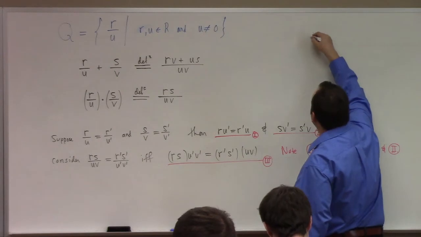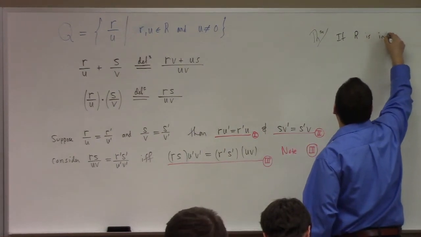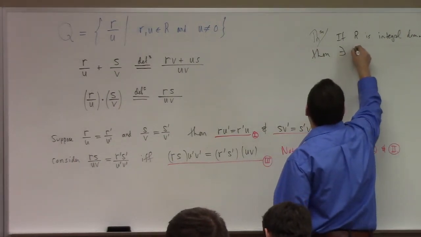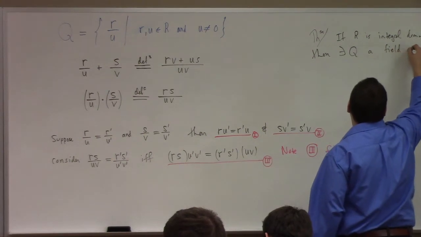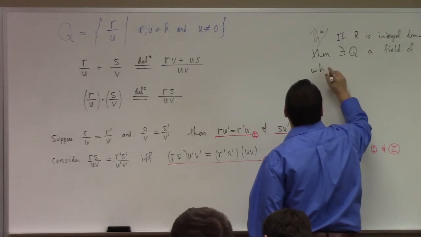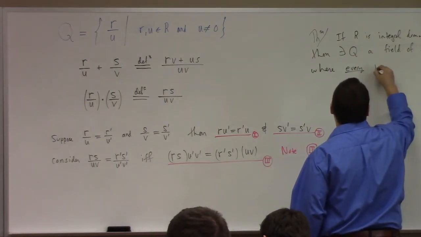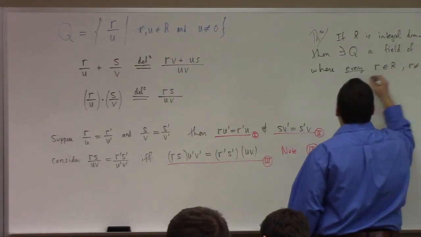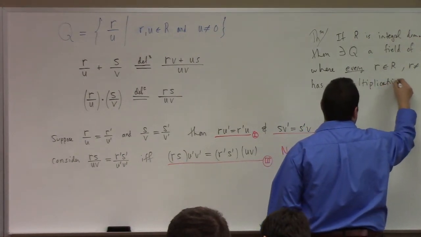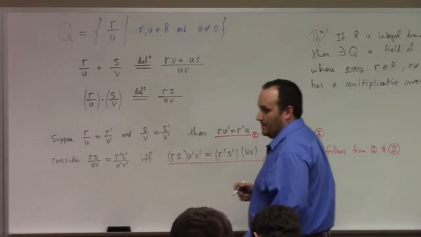So the theorem that this gives us is absolutely beautiful. It says that if R is an integral domain, then there exists Q, a field of fractions, where every R in R not equal to 0 has a multiplicative inverse in Q. And there's a little bit more to it.